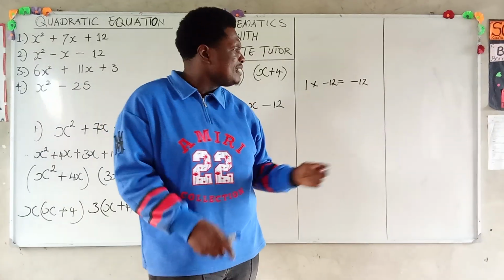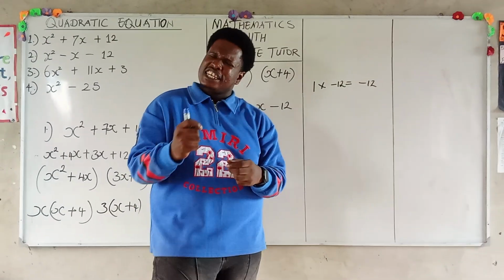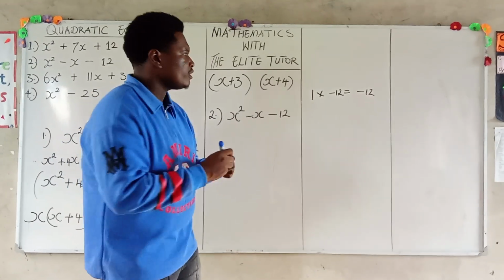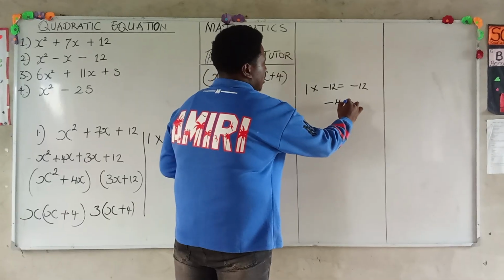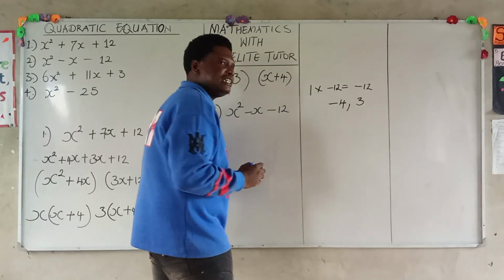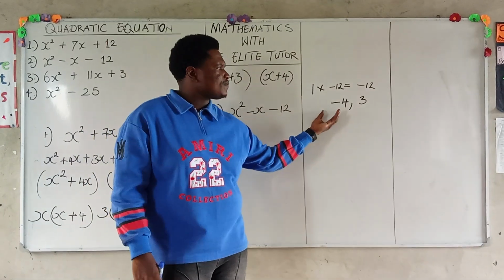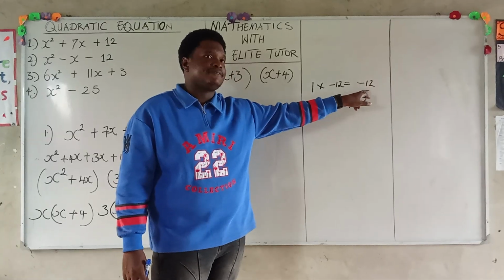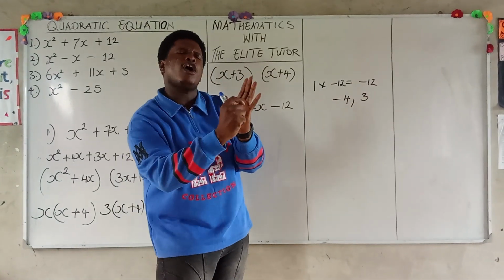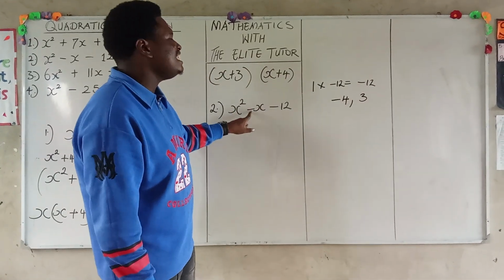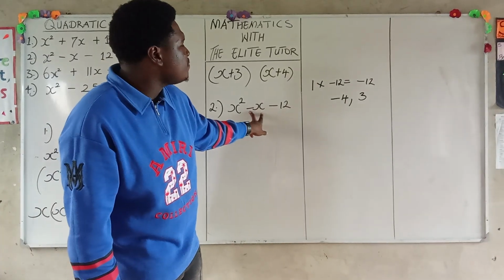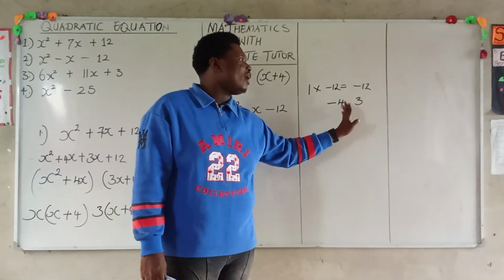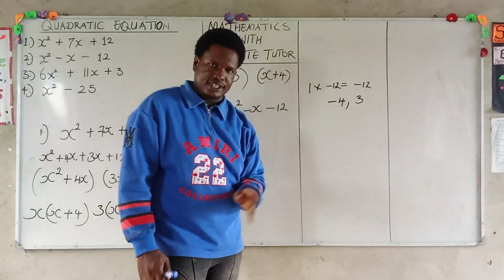Those numbers are minus 4 and positive 3. How do I know? Minus 4 times 3 gives us negative 12, and minus 4 plus 3 gives us negative 1. So we are going to replace our middle value with minus 4 and plus 3.